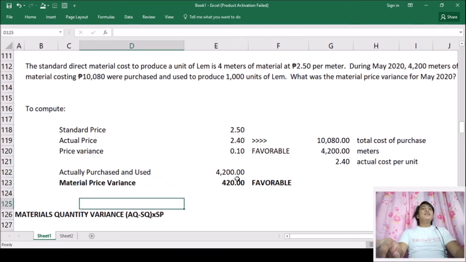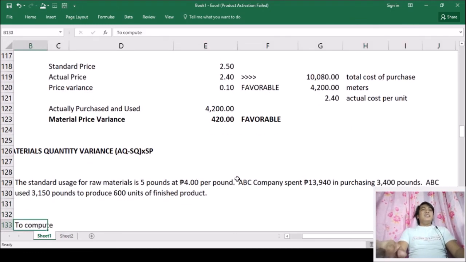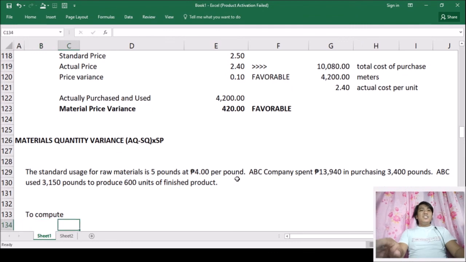Next, materials quantity variance. The standard usage of raw materials is 5 pounds at 4 pesos per pound. ABC company spent 13,940 in purchasing 3,400 pounds. ABC used 3,150 pounds to produce units of finished product.